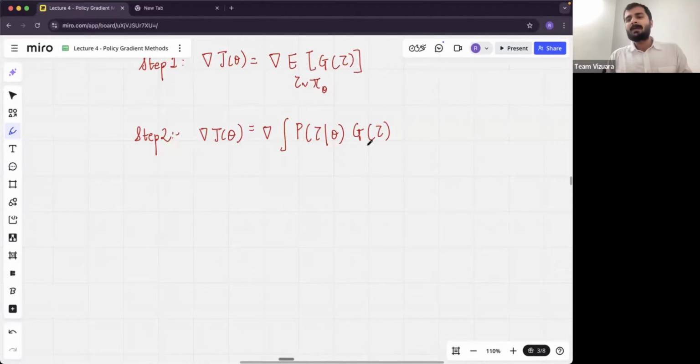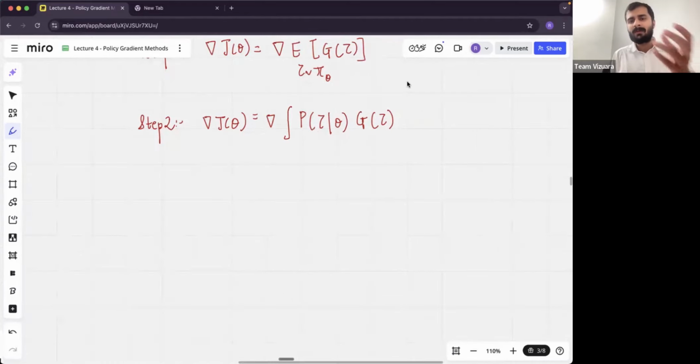So you get the expected face value of the dice. So what you basically do is rewrite this expectation as the probability of that trajectory being sampled times the return you get from that trajectory. This comes from the definition of expectation.